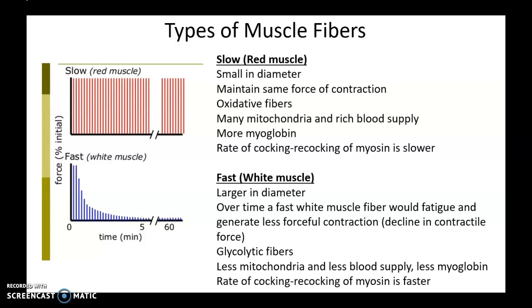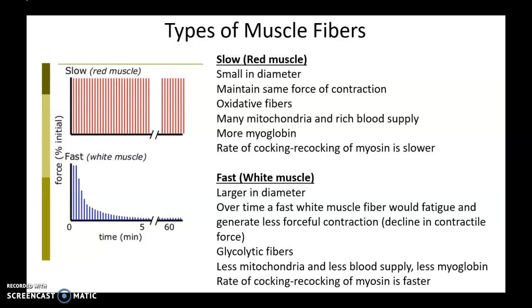So let's summarize the difference between fast glycolytic, white fibers versus slow oxidative, or red fibers. First, let's address their fiber size. Remember, slow red fibers are smaller in diameter and fast white fibers are larger in diameter. Slow red fibers are called oxidative fibers because they primarily generate ATP through aerobic processes.